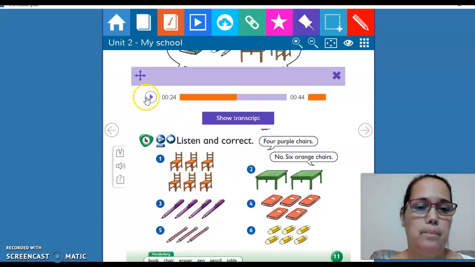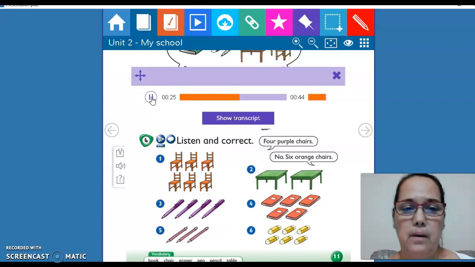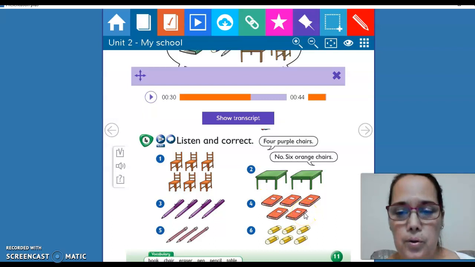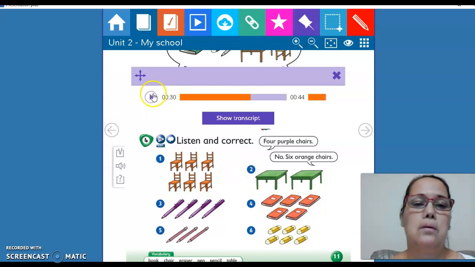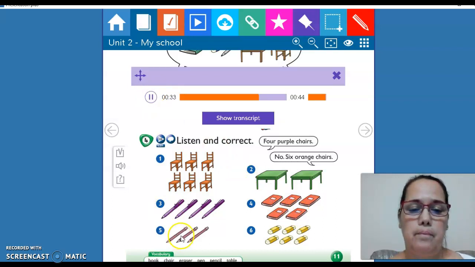Number 4. 4. 7 yellow books. No. 5 red books. 5. 2 orange pencils.